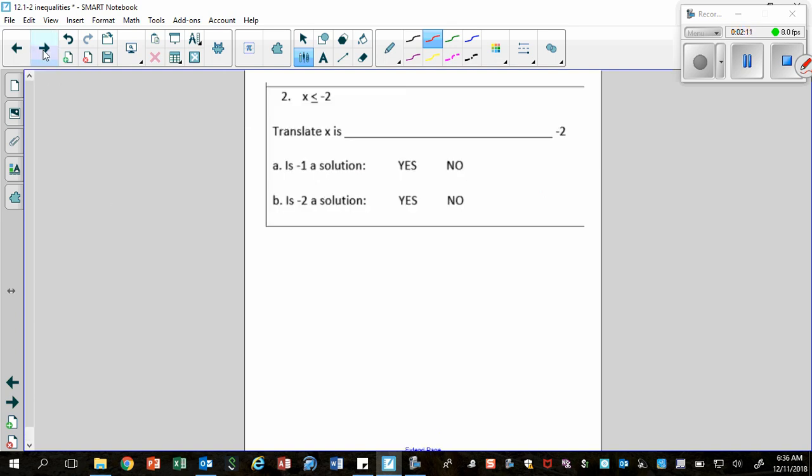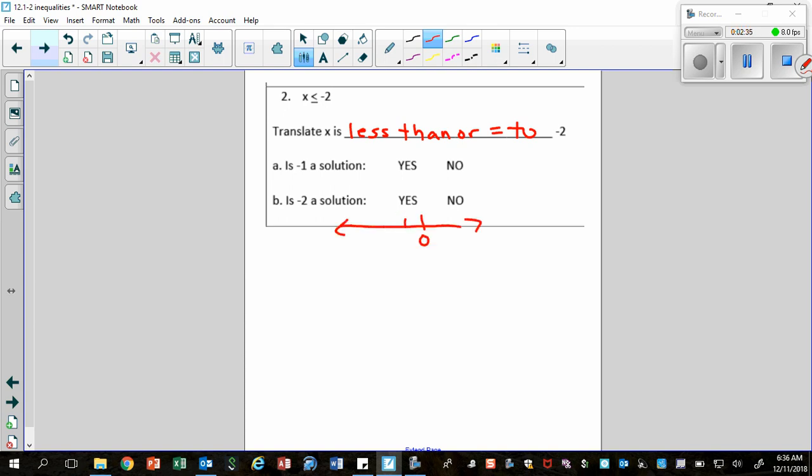Okay, taking a look at number 2 through 5, we do not have a graph any longer. So we just have x is less than or equal to -2. You could think about it, is -1 less than -2, or you could even draw a little number line if it's easier.